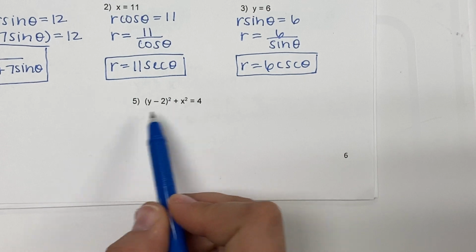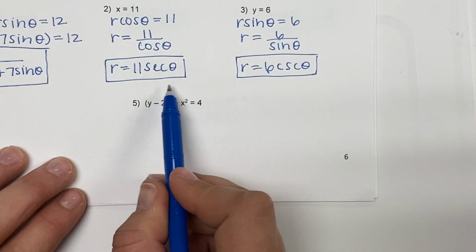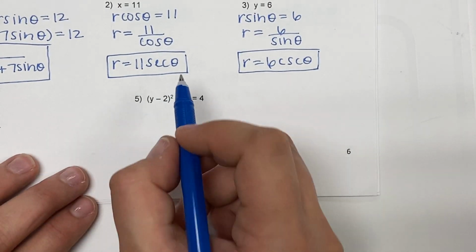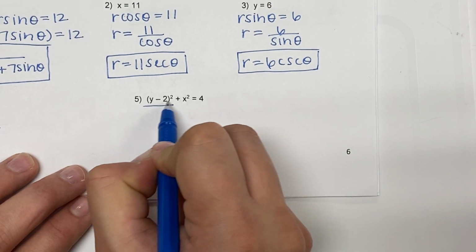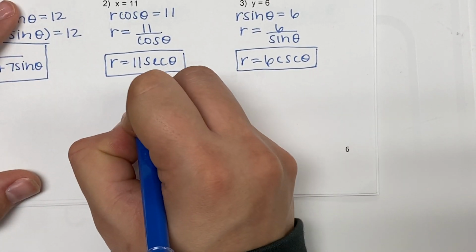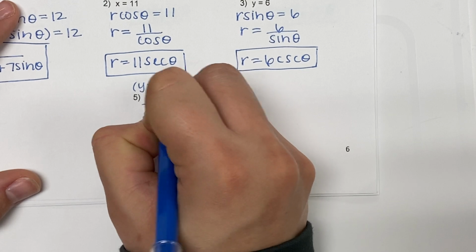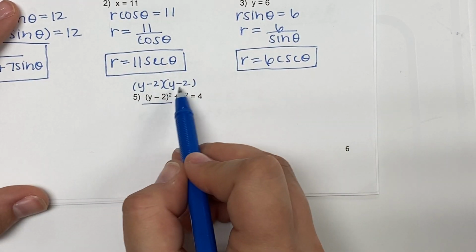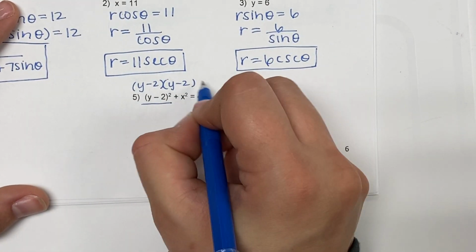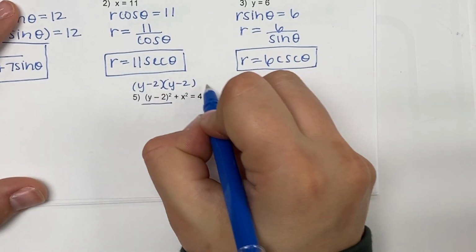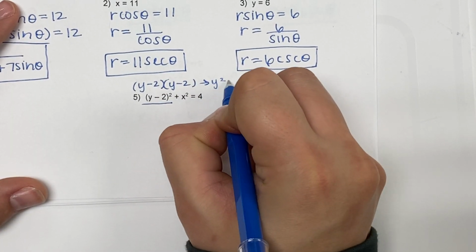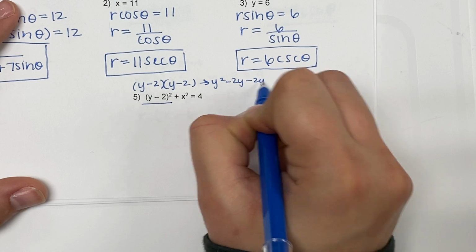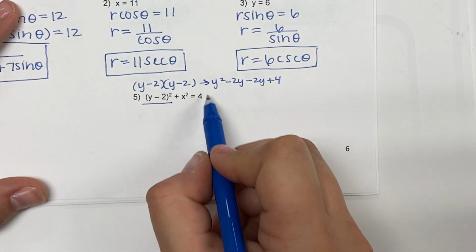Okay, this one's a crazy one. I know x squared plus y squared is r squared, but that's not what this is in right now. What you have to do first is FOIL this, because this is technically y minus 2 times y minus 2. So I'm going to FOIL that. y squared minus 2y minus 2y plus 4.